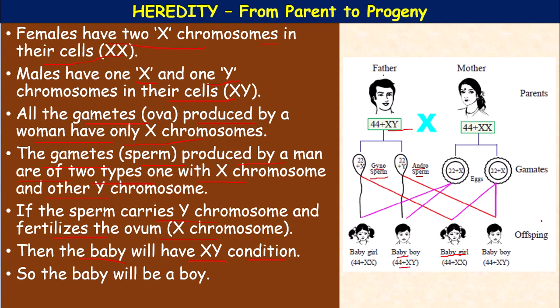The same thing happens in the offspring. The baby boy or baby girl depends upon the sperm which combines with the ovum. If a gynosperm combines with the ovum or egg, then the baby girl is produced. If the androsperm fertilizes the egg with X chromosome, then the XY combination, the baby boy, is produced.